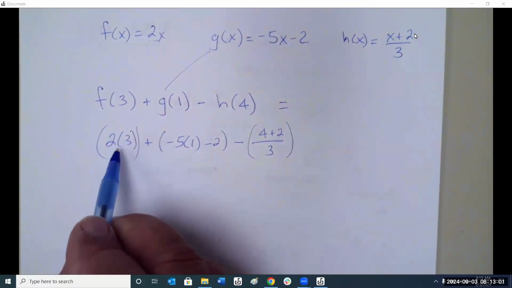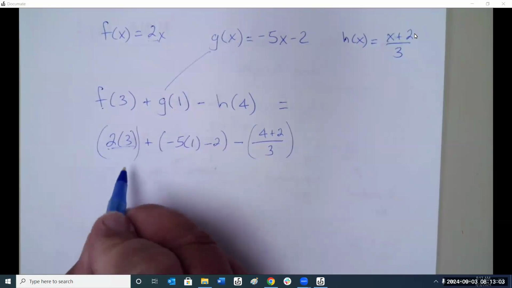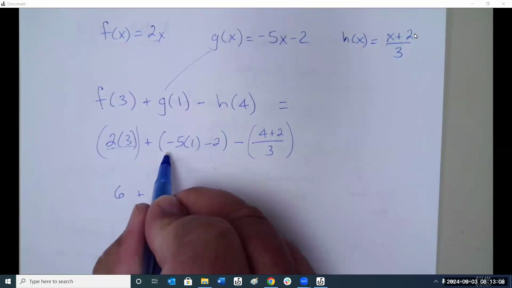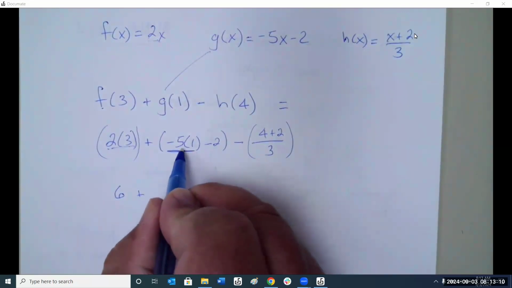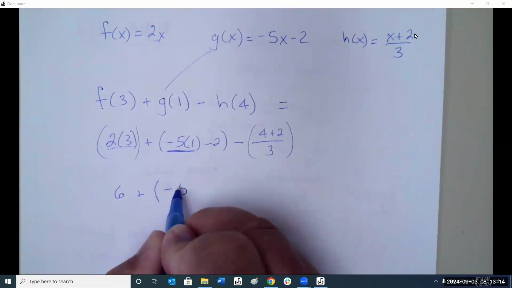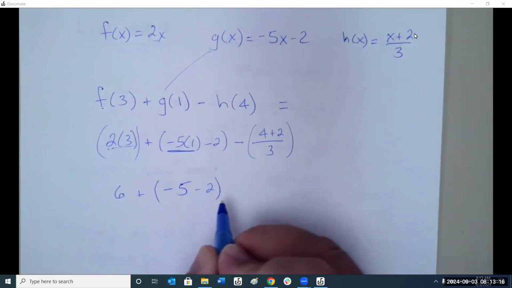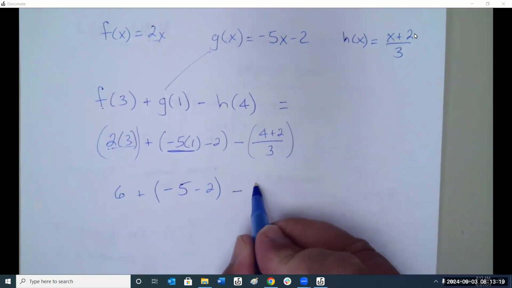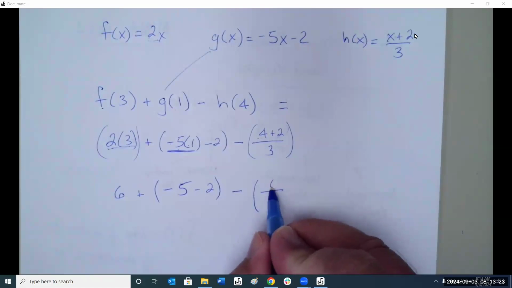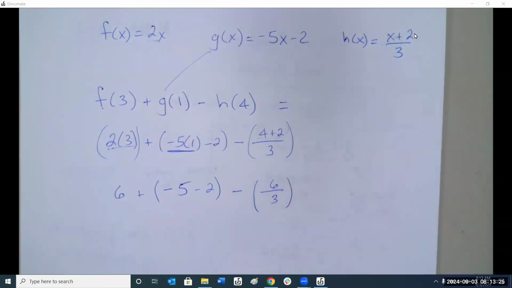So now we go left to right. 2 times 3 is 6. Inside here, we have multiplication. Negative times positive is negative. 5 times 1 is 5. Four plus 2 is 6.